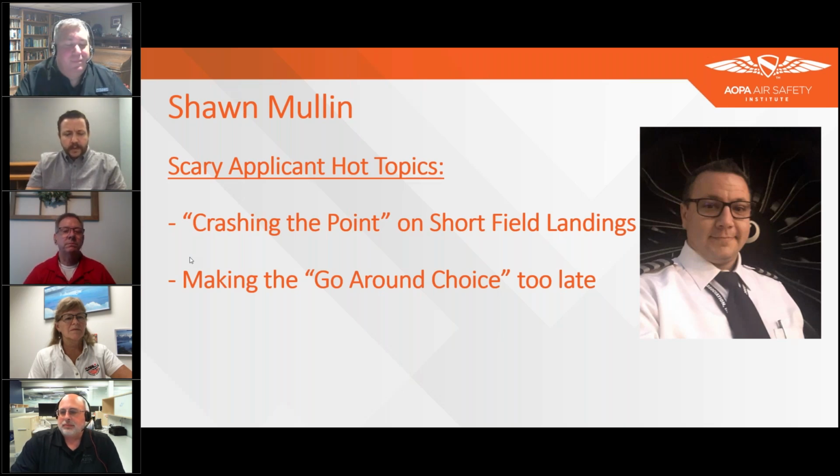In both of them, I think, there's a lot of reference to decision making. With crashing the point on the short field, the students feel an urgent need to get on the ground and make their point, and they just force it too many times.